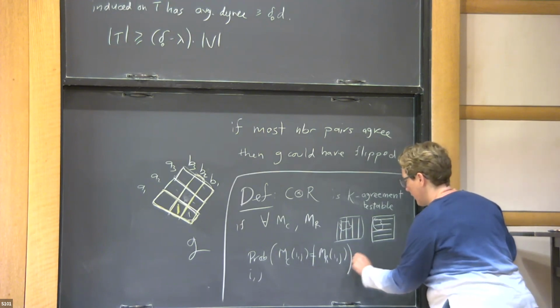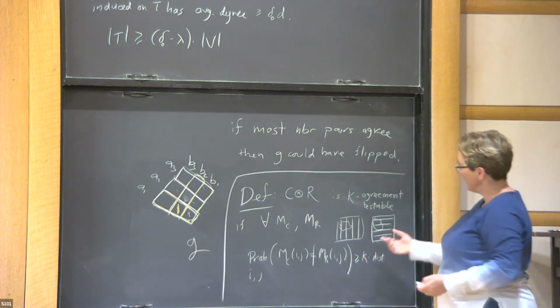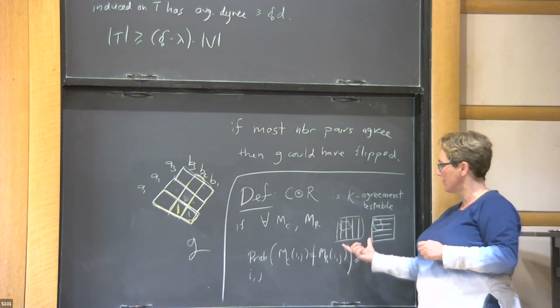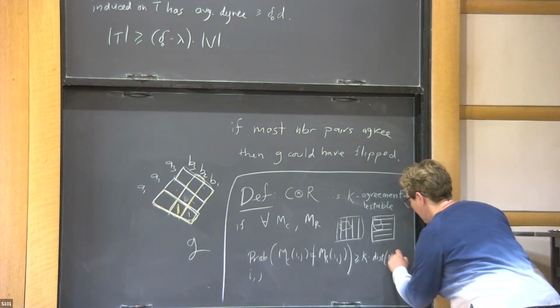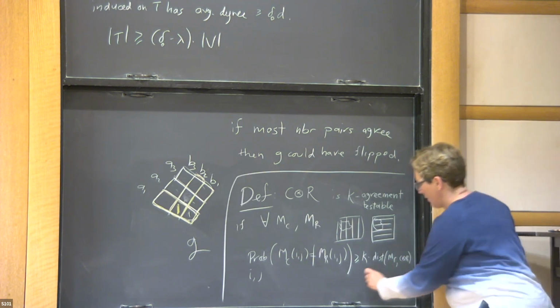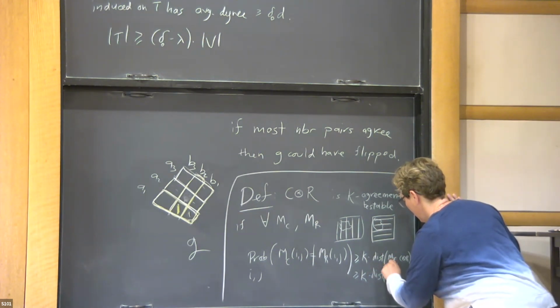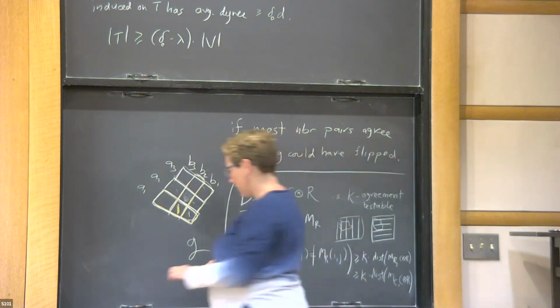And this is bigger than some K times the distance of this guy from the tensor code, maybe to be symmetrical, I'll say the average distance. The distance of MR from C tensor R. That's okay. I can also say, and also bigger than the distance C tensor R. So that's going to be our definition.